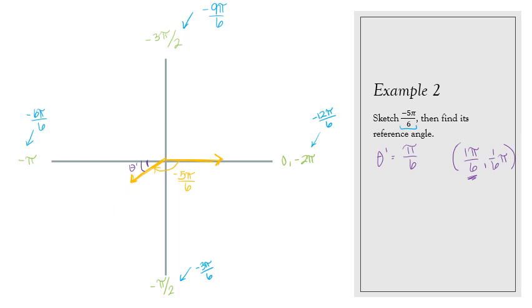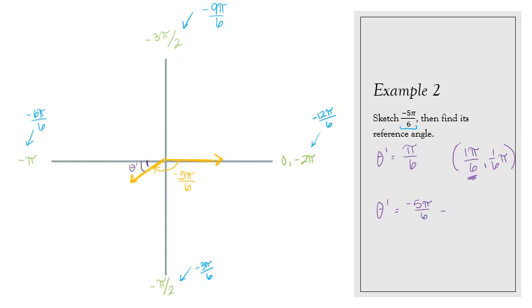Now, the other way to think about that, and back to the formula idea, is that our theta prime is equal to, this is the one where I want to start with my angle measure, negative 5 pi over 6, and subtract pi.